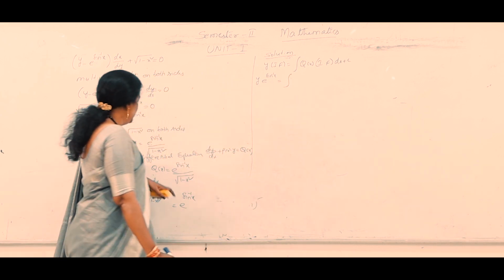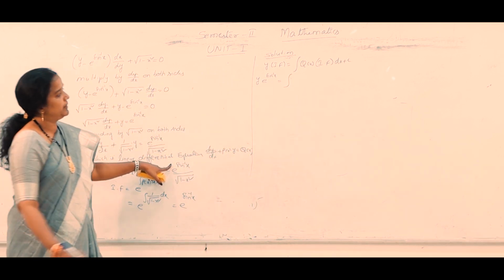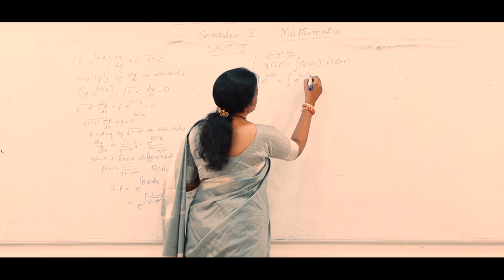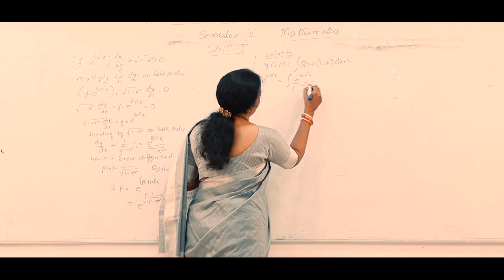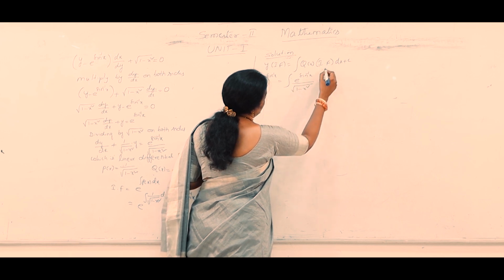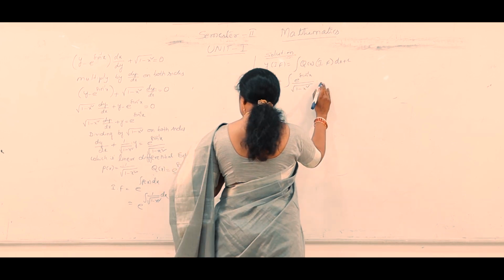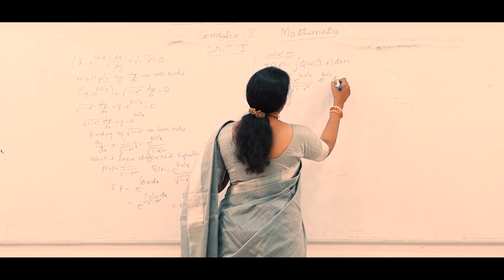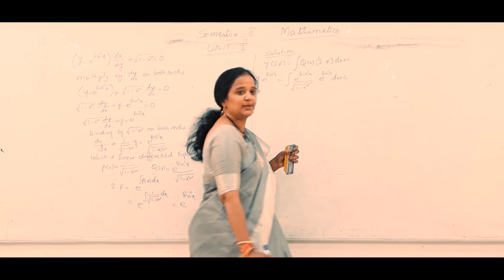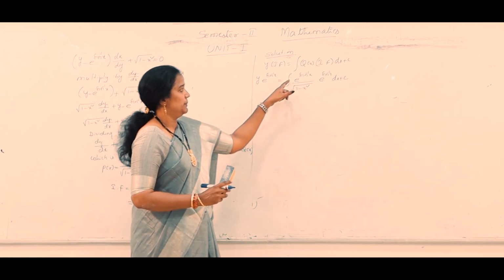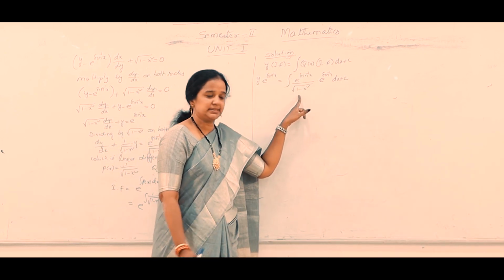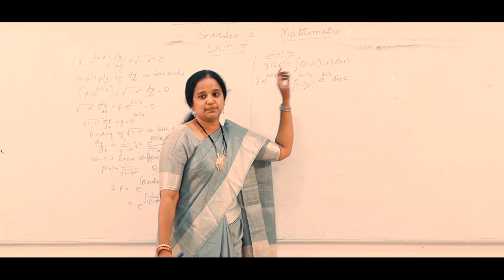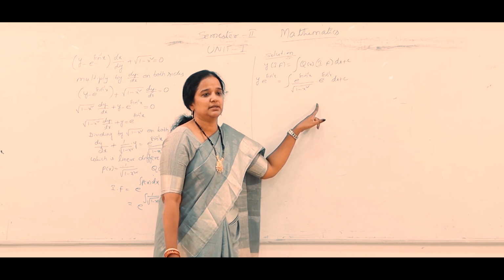What is the q value? e power sine inverse x by root of 1 minus x square. So y into e power sine inverse x is equal to integral of e power sine inverse x by root of 1 minus x square into e power sine inverse x dx plus c. Now we integrate the equation.